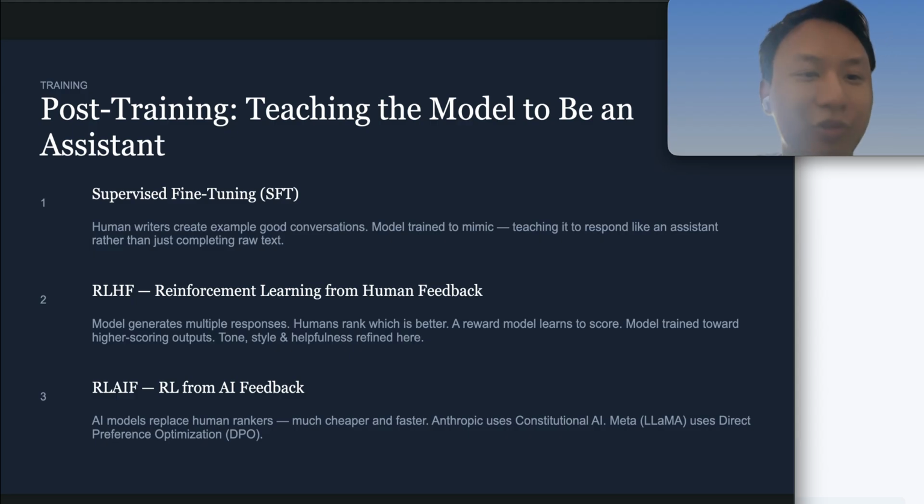So after training it, you get this raw model, right? But a lot of these companies, such as Anthropic and OpenAI, also have this post-training component of the LLM. You can imagine the LLM has digested a lot of information and it's very knowledgeable, but essentially it has no work experience, right?